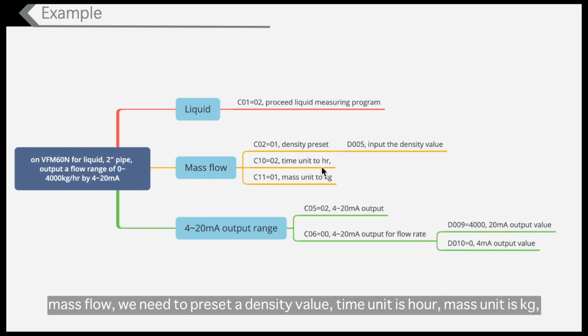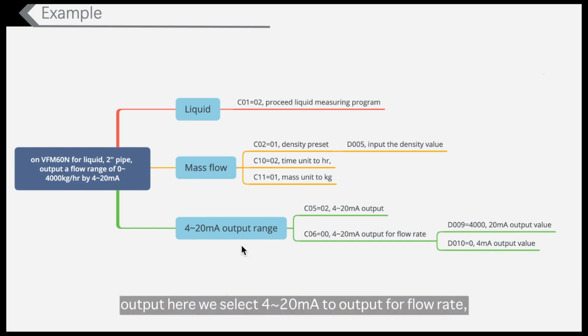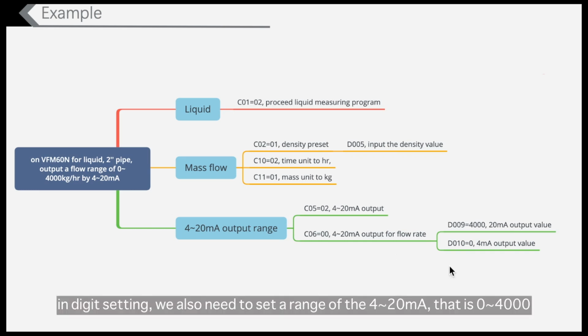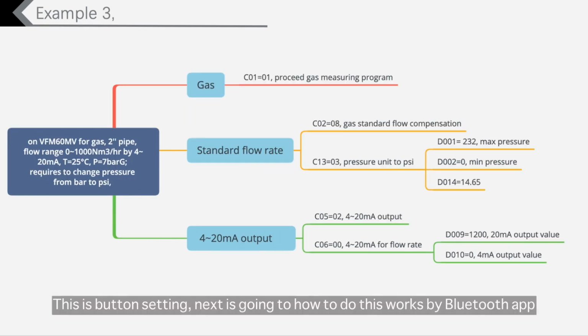Time unit is hour, mass unit is kilogram, and for output here we select to use 4 to 20 to output flow rate. And in digit setting, we also need to set a range of the 4 to 20 range, that is 0 to 4000. This is a button setting.